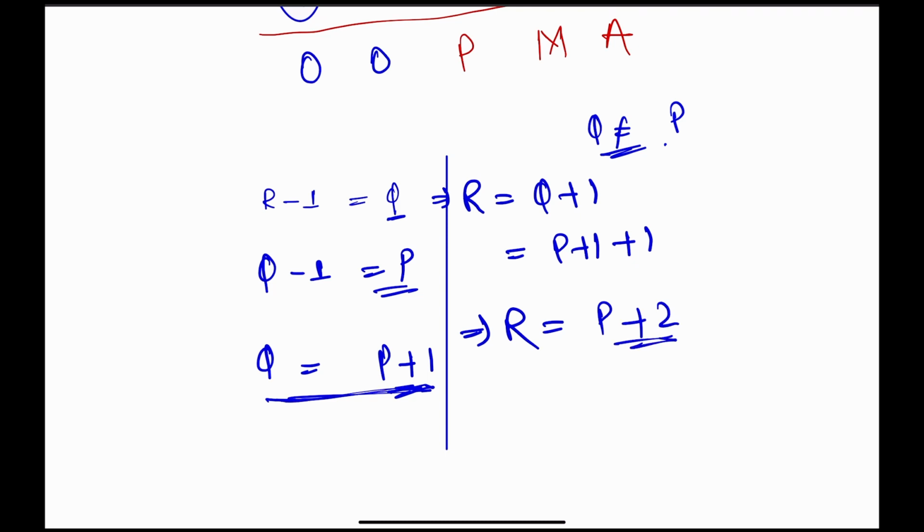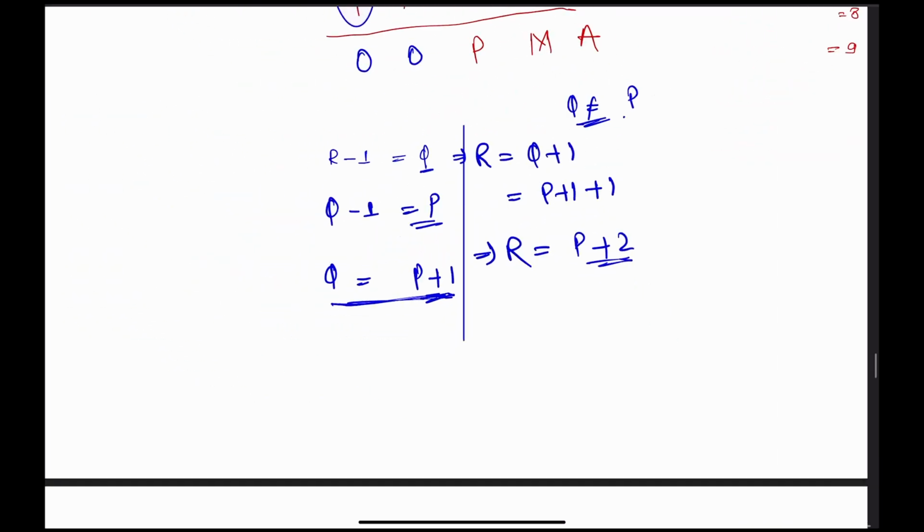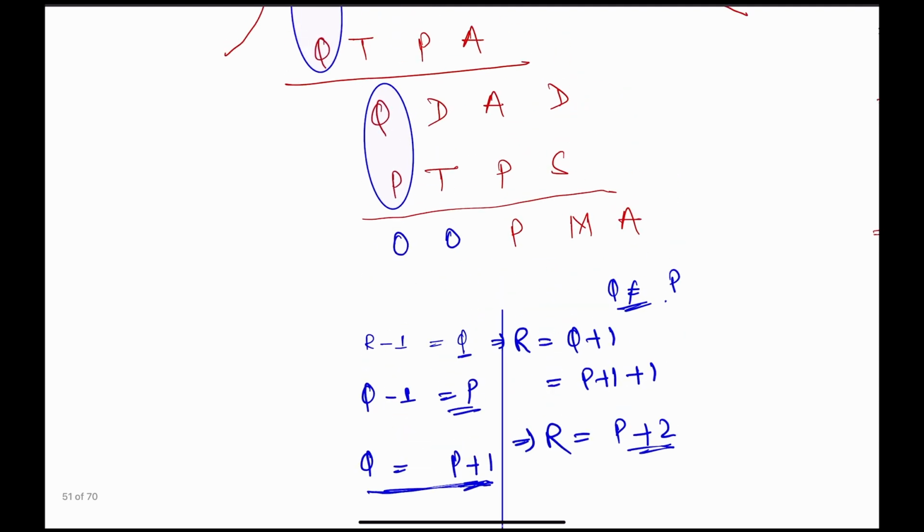Q is p plus 1. So can I just say that p, q and r are consecutive? P, q, r are consecutive. So one thing is done for sure.